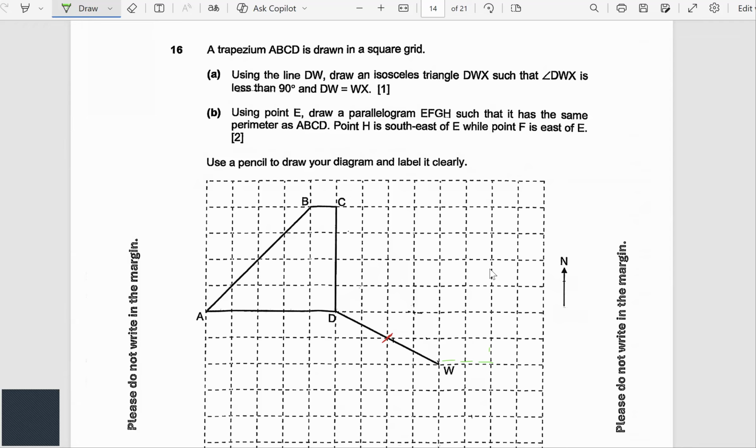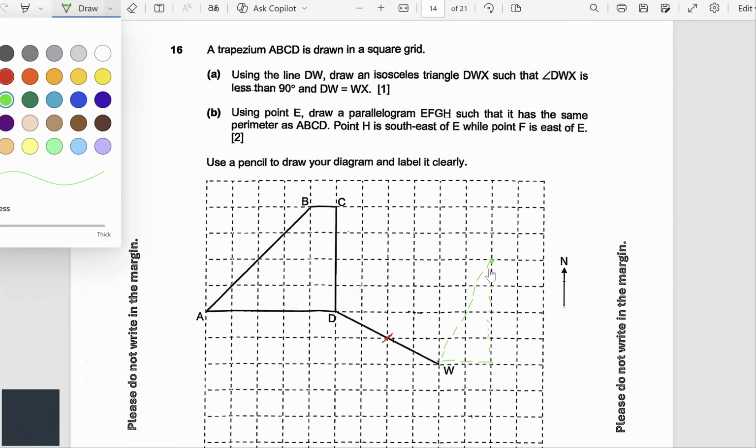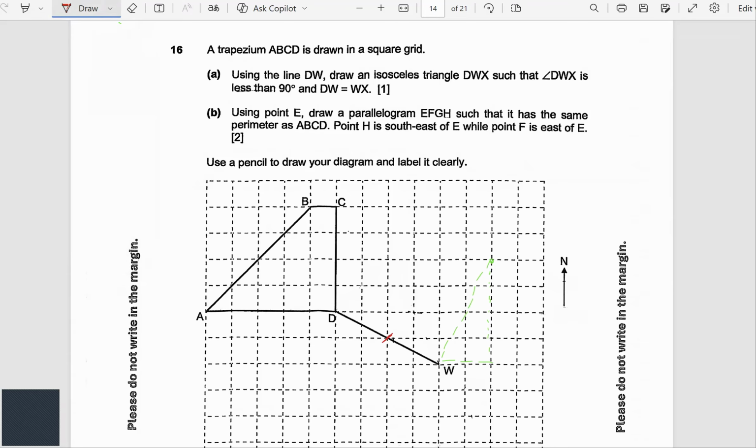So right 2 up 4 here. This is 90. Okay, this is 90. So your x should be less than 90 degrees. Okay, it should be less than 90.